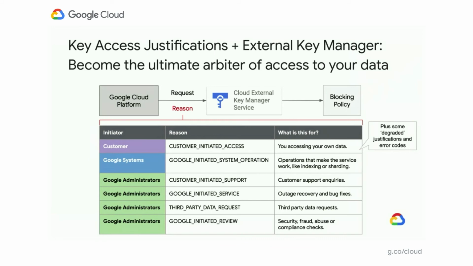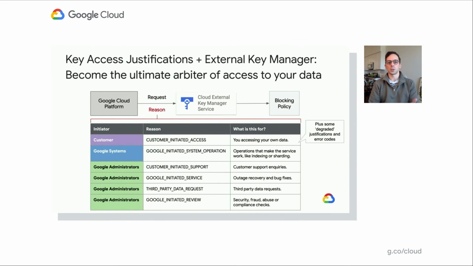You can block just the administrator rows, which are the four green rows at the bottom here. And that will stop Google administrators from having access to your data, even though you'll still be able to continue using customer-initiated or system operations to continue using your service. And what this gives you is the ability to become the ultimate arbiter of access to your data. You are the ultimate decider of when your data can be accessed and for what reason it can be accessed.